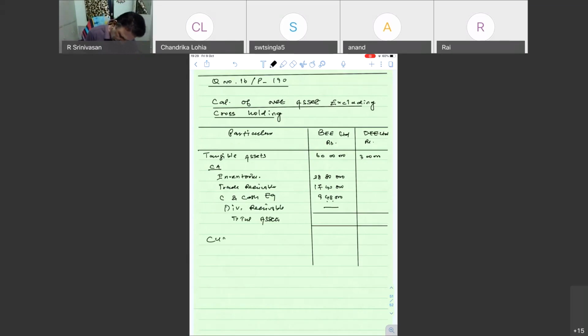Current liabilities. Long-term liabilities? General reserve, non-current liabilities, 14% debentures are there.